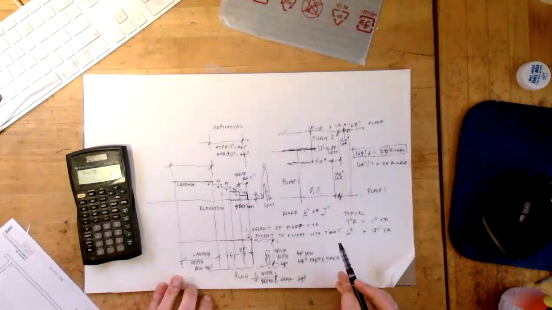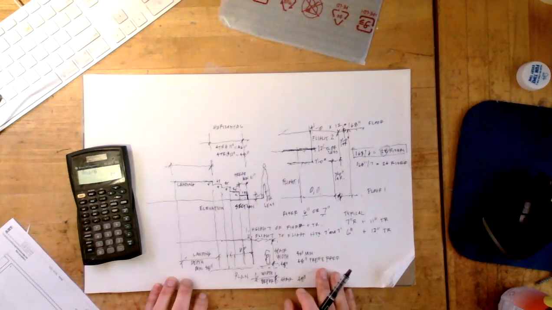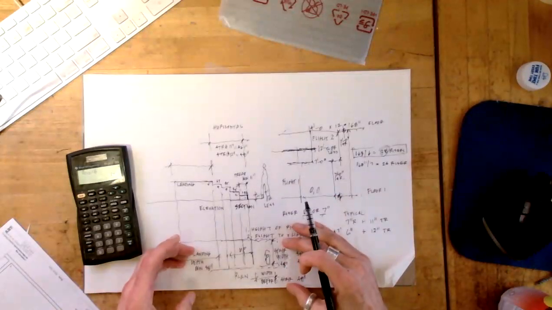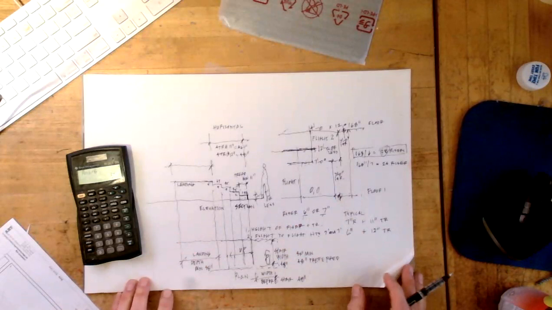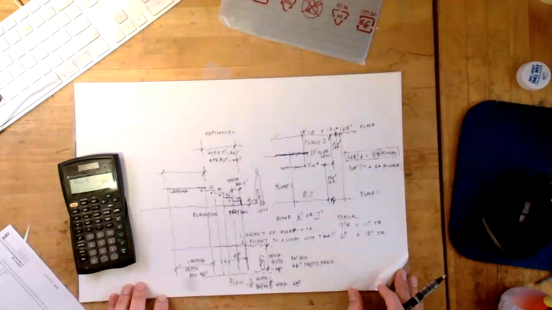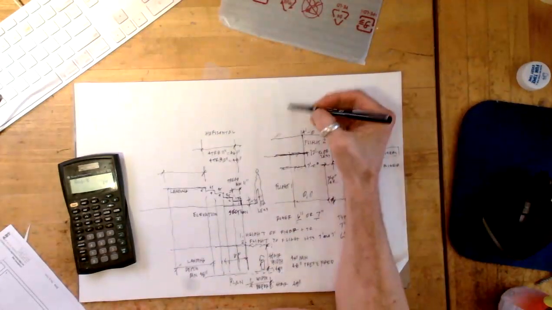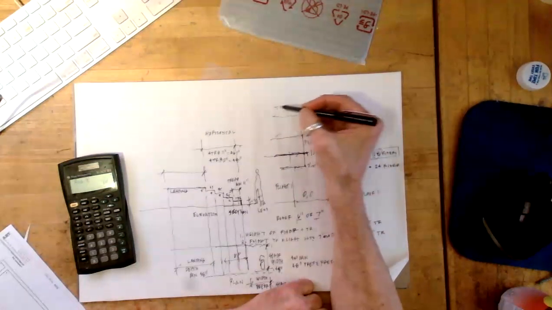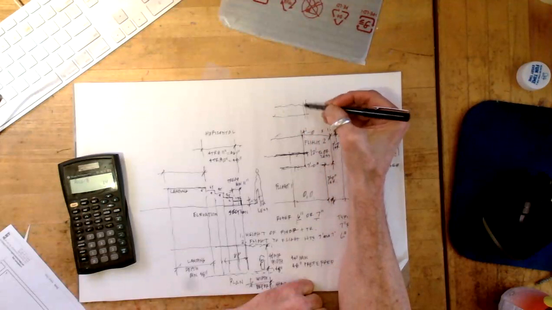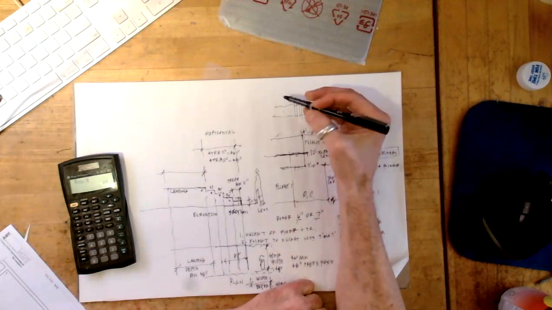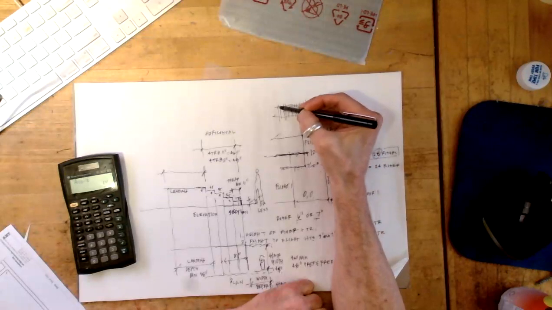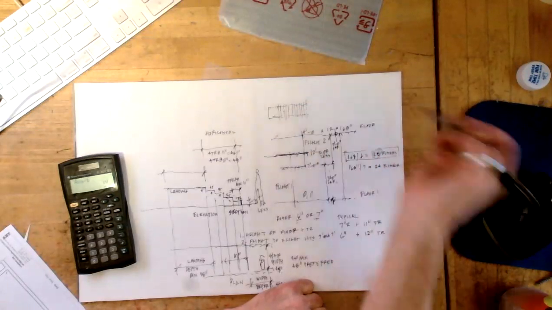The next decisions that we make are going to be in a plan projection, so looking down at the stair. And we have options when we do that. The stair in plan can either be what's called a straight run, right?